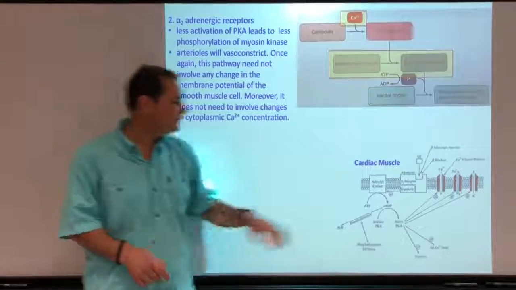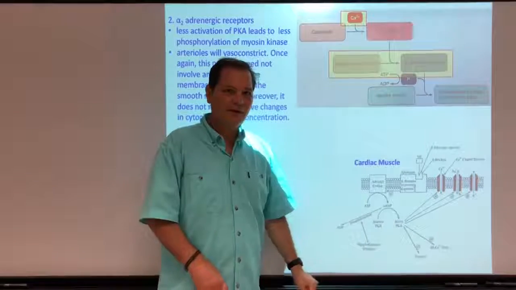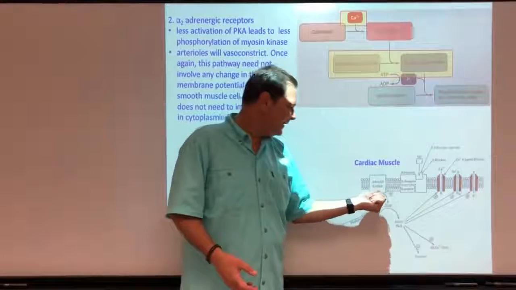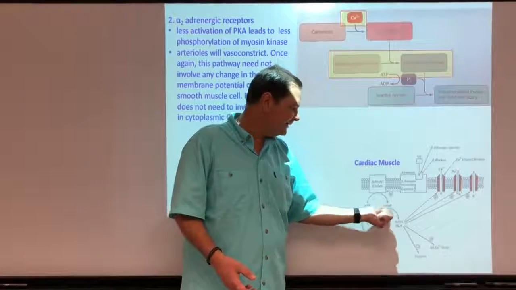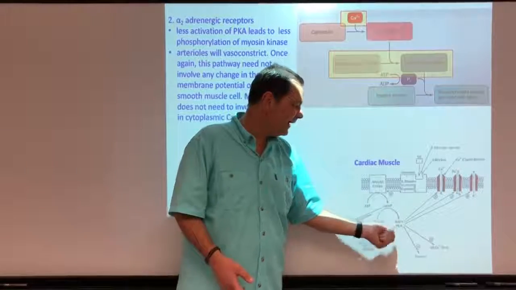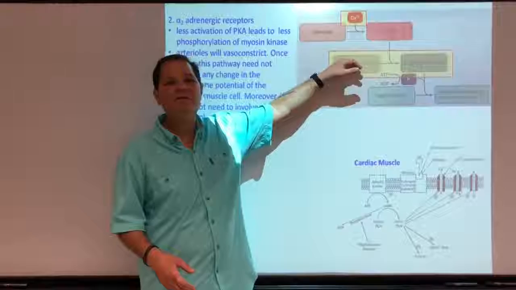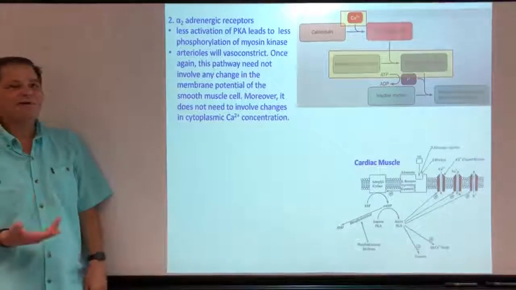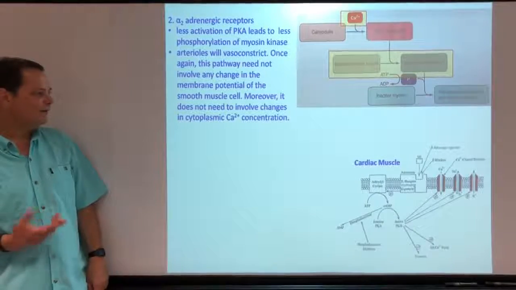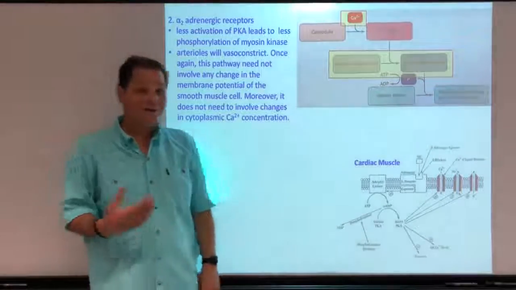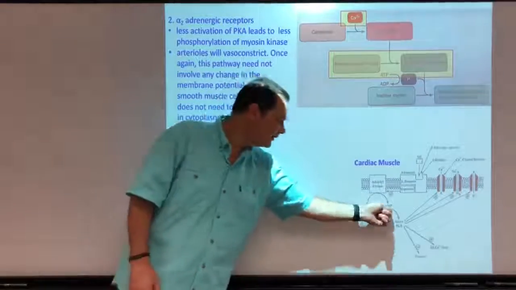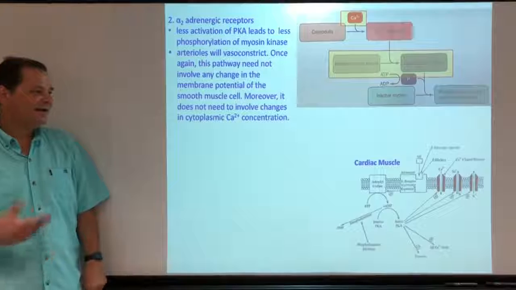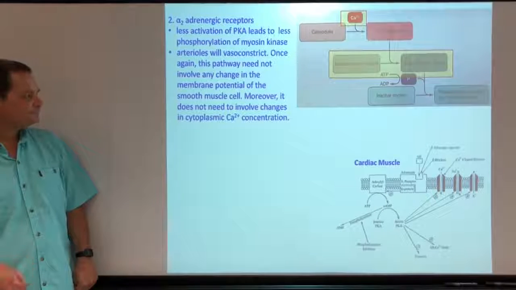So they use the same second messenger system as the M2 receptors in cardiac muscle, in that they decrease adenylyl cyclase, decrease cyclic AMP, decrease PKA, but the effect will be different because the target is different in smooth muscle. In this case, you're getting an increase in force of contraction. When we did the parasympathetic nervous system, we got a decreased force of contraction because we were decreasing that cyclic AMP, and because the PKA had different targets. Okay?